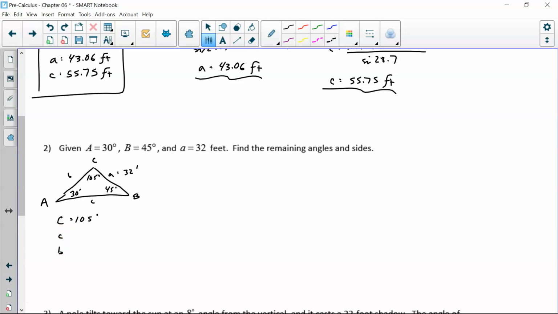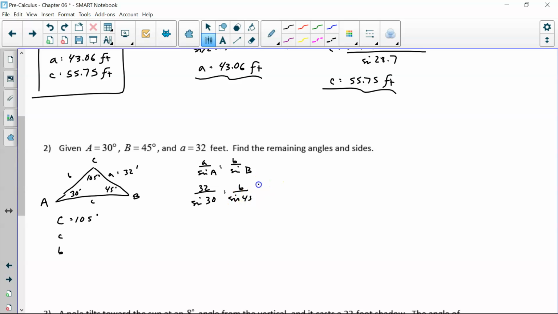Now I have both values for side A and the sine of A. So A over the sine of A equals, now let's find B first. B over the sine of B. So we have side A, which is 32, over the sine of 30 equals side B, we don't know, over the sine of 45.